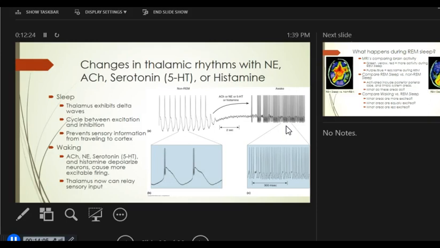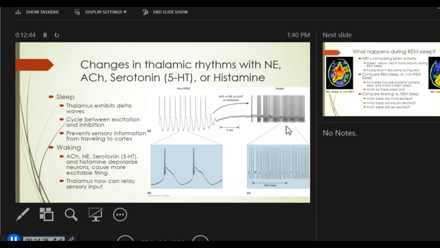This is why you're basically disconnected from your sensory systems while you're asleep. You're not conscious anymore of that sensory information because it never gets to your cortex. It gets to the thalamus but doesn't cause the thalamus to respond, because the thalamus is locked into this rhythmic firing pattern.